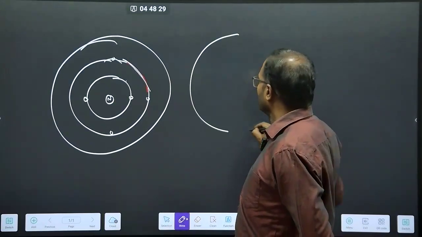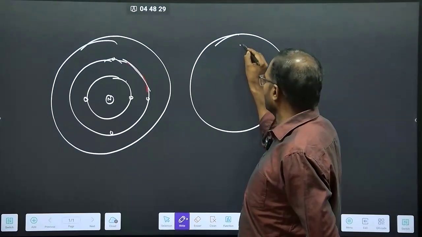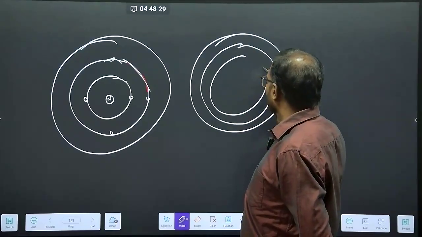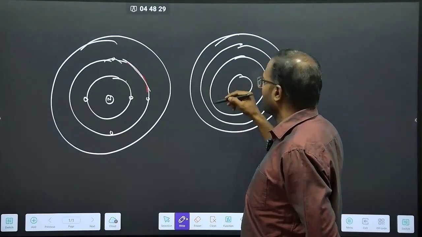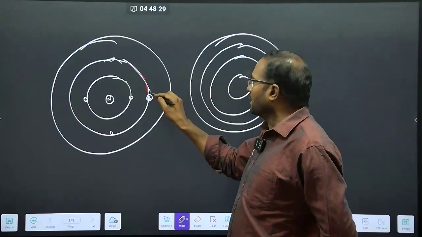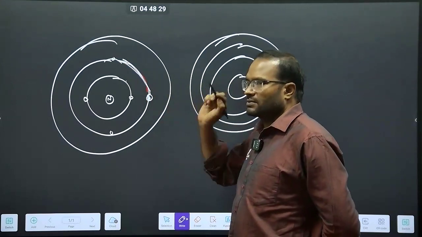This is the ground, and around the ground there will be a pathway, a track, for each athlete. So each athlete is considered as an electron, and the track will be the orbitals.